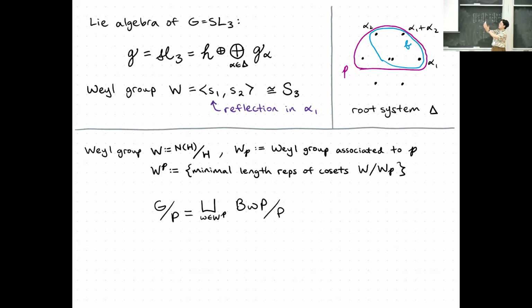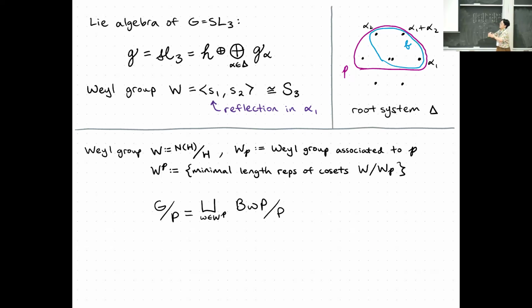So there's a Weyl group associated to the parabolic as well. And then you can look at minimal length coset representatives of W and multiply on the right by that. The reason you need that is to get the Schubert cell decomposition of our G mod P space.